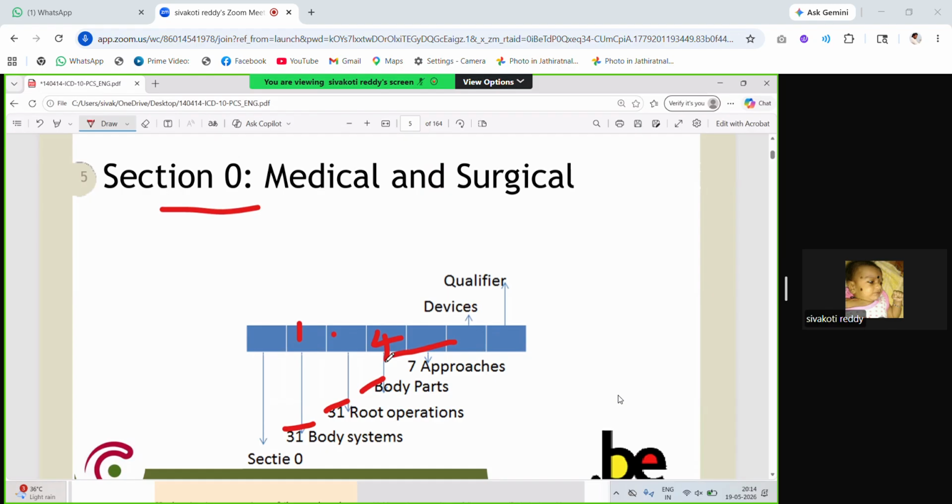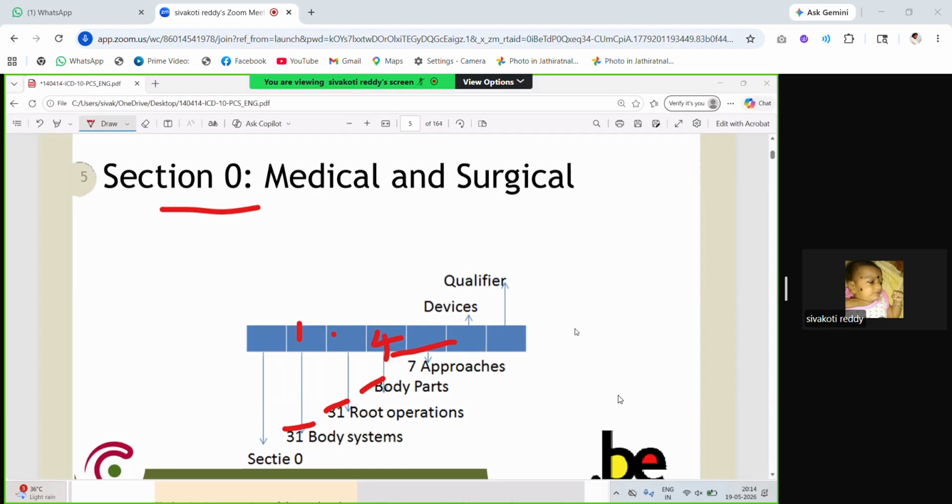Suppose they performed the procedure in the lung, that is the location. If they did the procedure in the knee, that is the location.